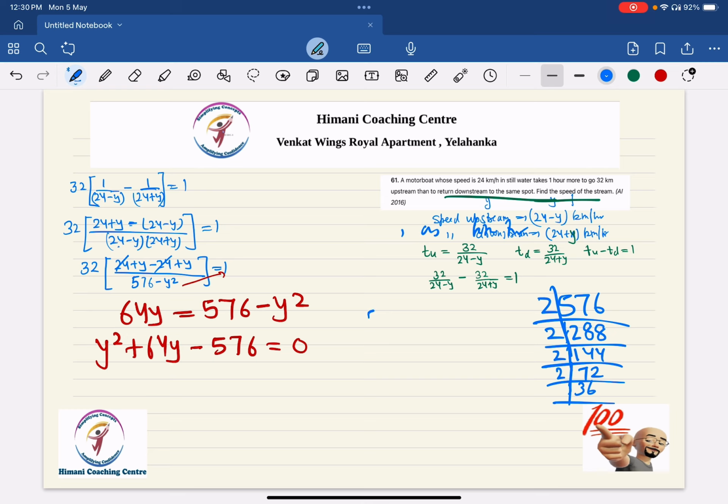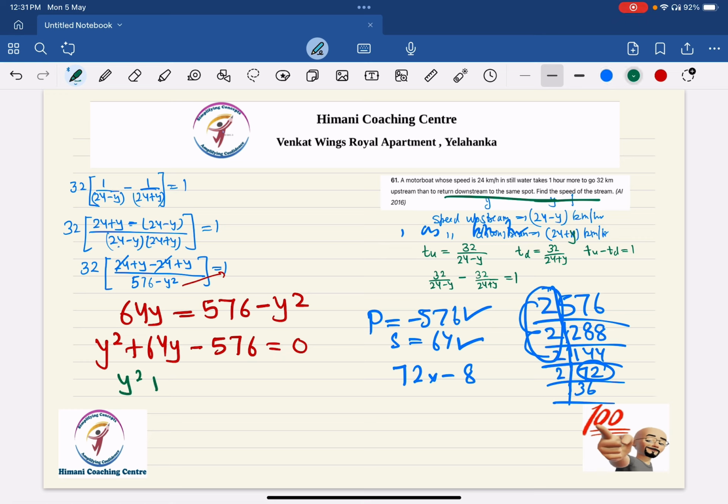We want the product to be minus 576 and sum should be plus 64. So if you look, 8 and 72 can give me 64. I need plus 64, so the combination should be 72 and minus 8. So 72 minus 8 gives 64. Yes. 72 into minus 8, does it give minus 576? Yes. So that is the combination we are going to use.